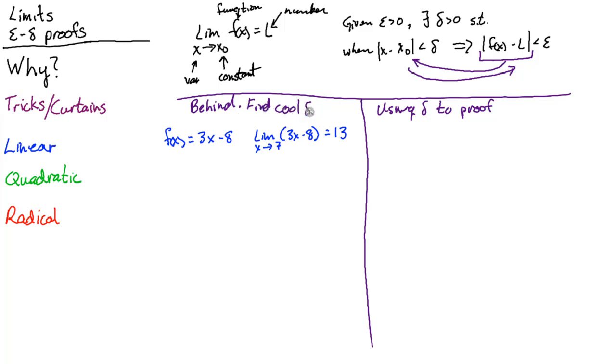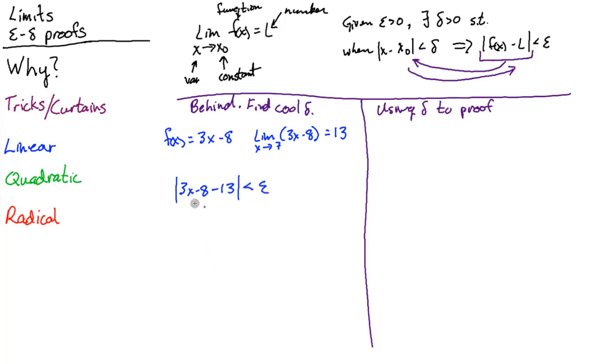So the idea is we want this guy, f of x, so we'd write 3x minus 8, and then that's the f of x, minus 13. This guy right here, we need to make that less than epsilon. That's our goal. So I'm going to hold off on that for just a little minute, but we need to make that, let's write that down, epsilon.